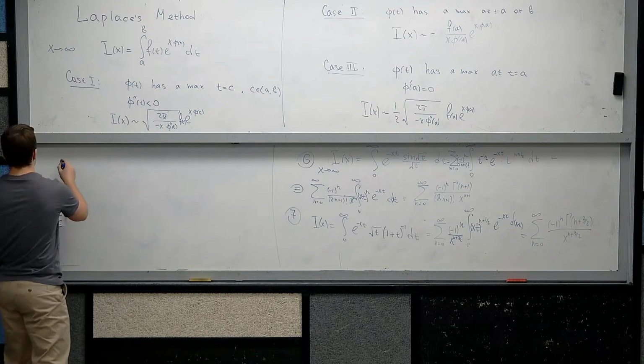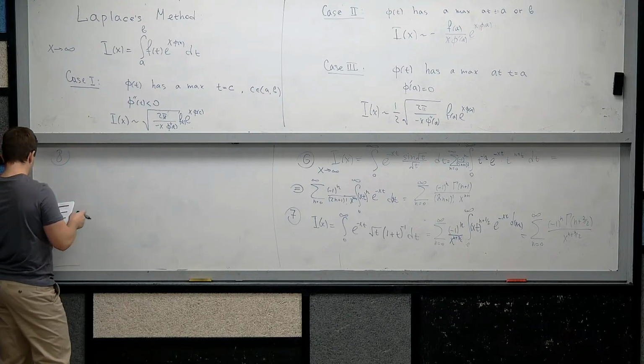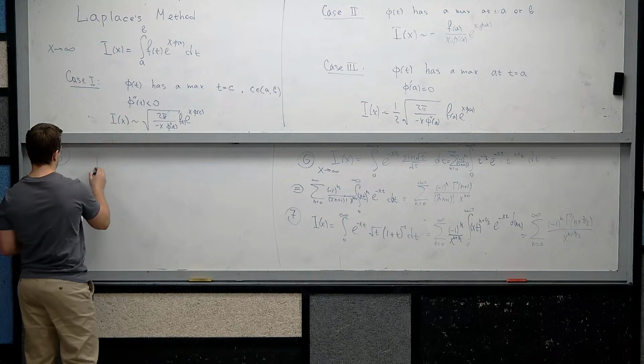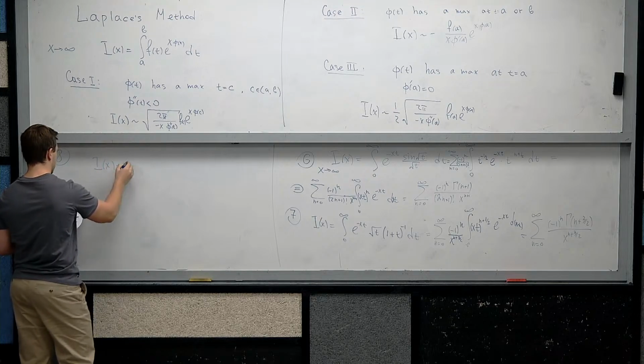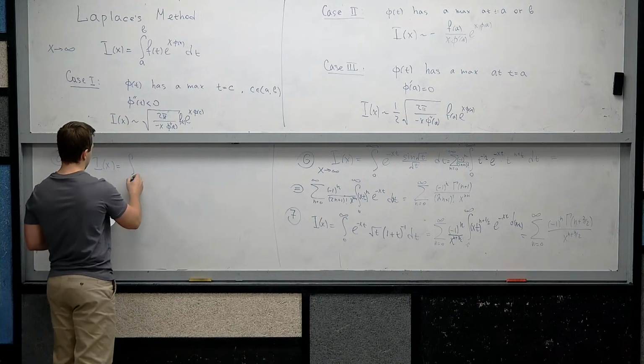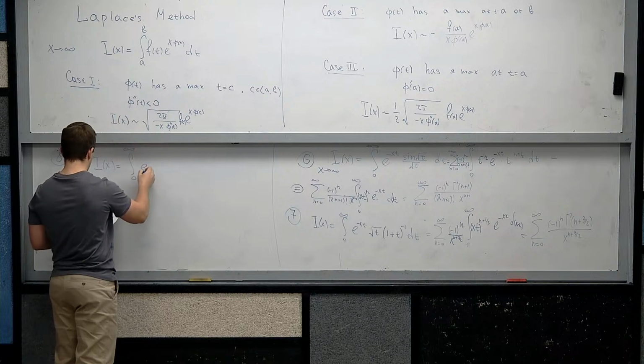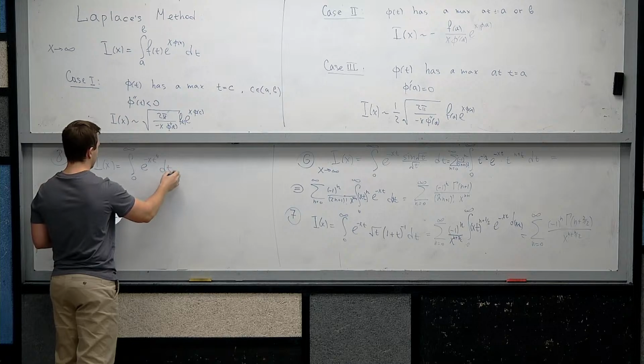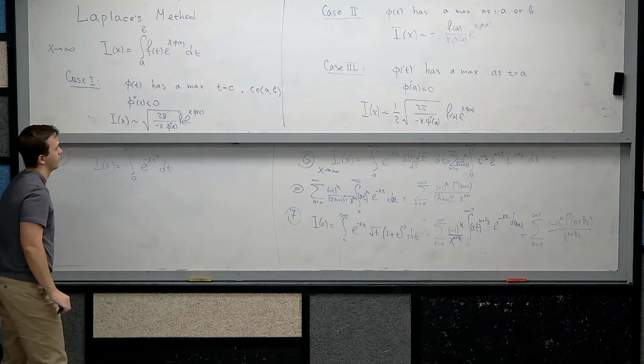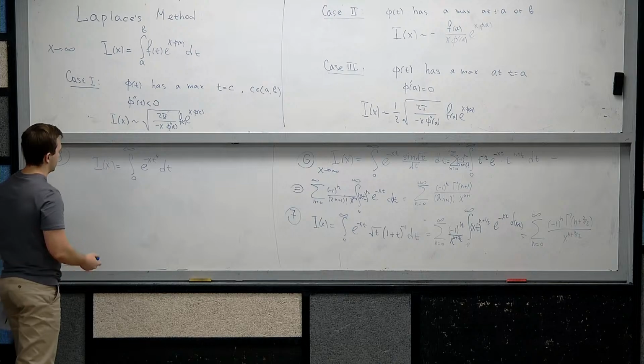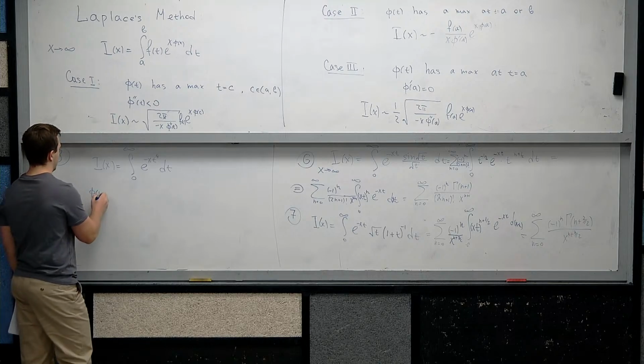So the next one, example number 8, we have the integral of x from 0 to infinity of e to the minus x times t to the 4th dt. In this case, phi of t is minus t to the 4th.